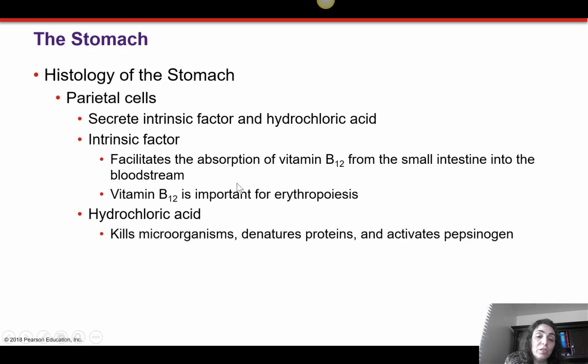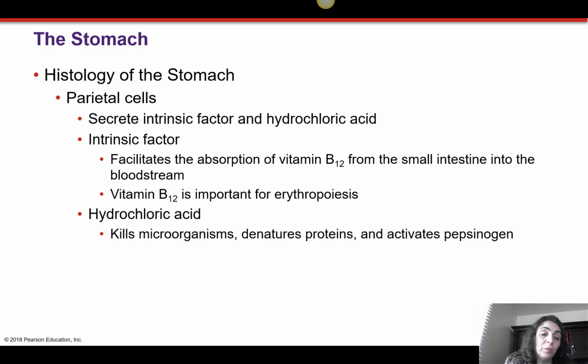So here you see that the intrinsic factor is produced from the parietal cells of the stomach. Then it goes down all the way and acts in the ileum, the third part of the small intestine, and over there helps the vitamin B12 get absorbed through the small intestine into the bloodstream.